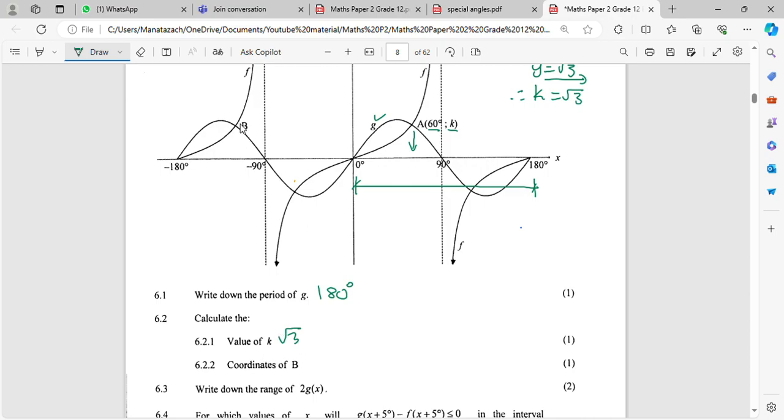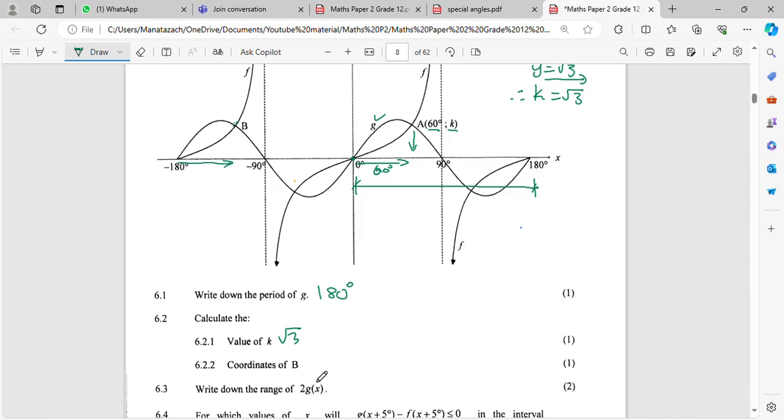And then calculating the coordinates of B. Point B is the mirror reflection of some sort to point A. So you realize that the distance from 0 to where point A is 60 degrees. So we'll use the same measurement. Even here, where graph g is 0, we'll move 60 degrees this way.